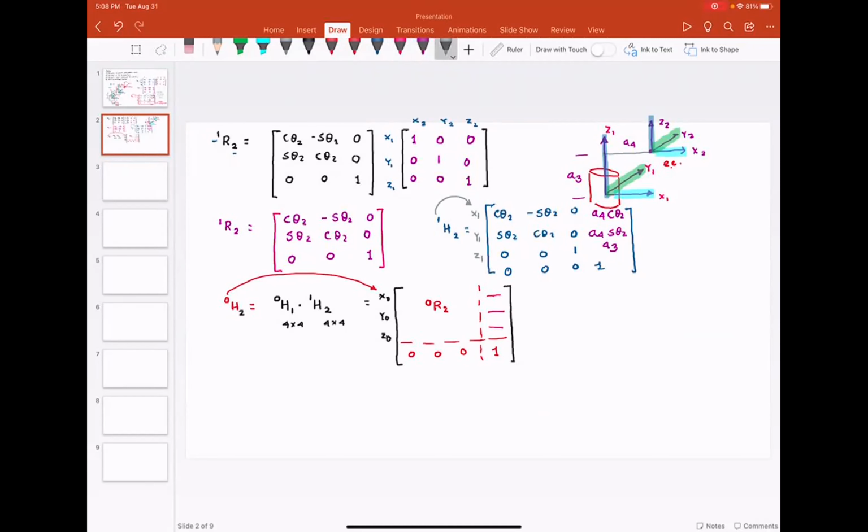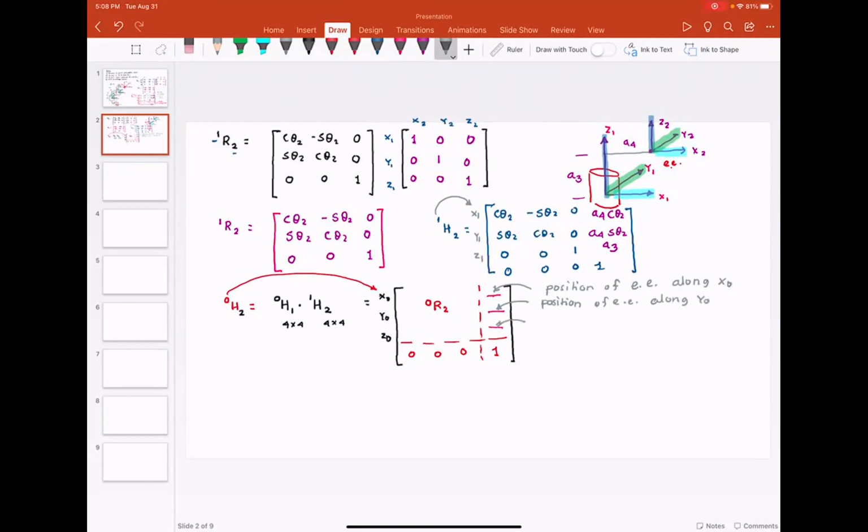So I'm going to write it down here. Position of end effector along x0. Position of end effector along y0.